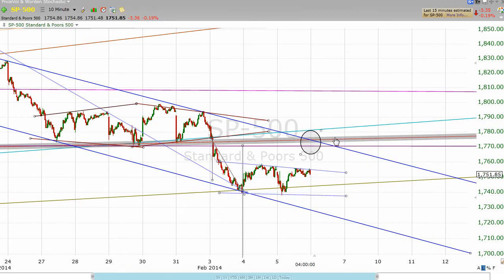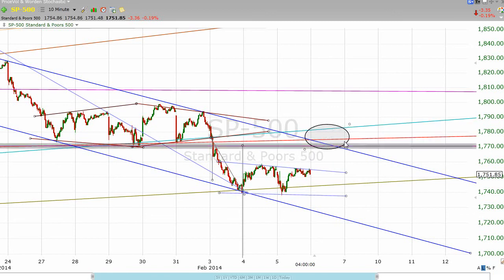To me, the S&P needs to get a meaningful move through this region right here where we really have 1, 2, 3, 4 now. I'm going to enlarge this oval just a little bit. All of this area right here should be now considered resistance.